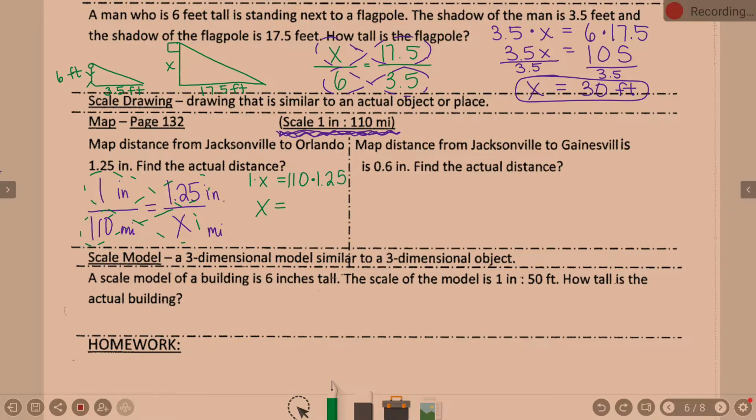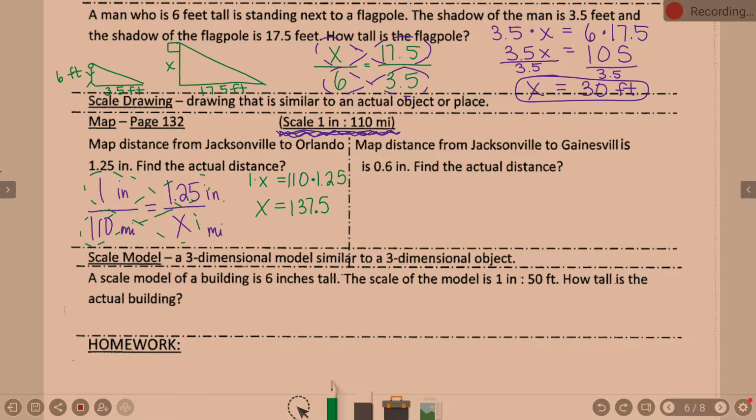What is 110 times 1.25? 132. Is he right? Wait, what did you say? 137.5. 137.5 what? Inches. I mean, miles.